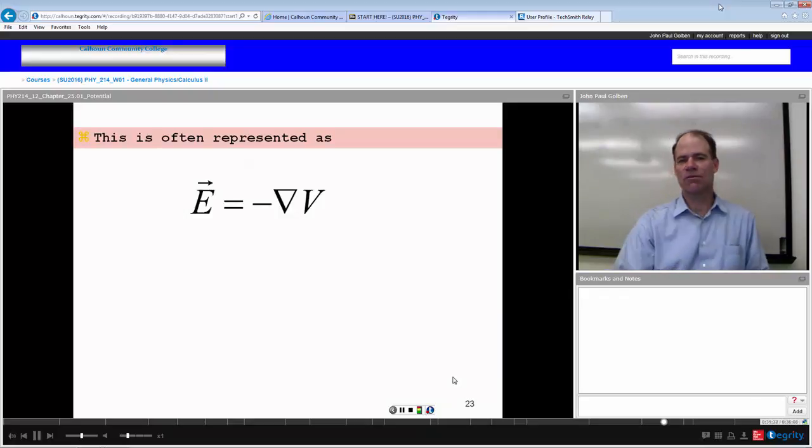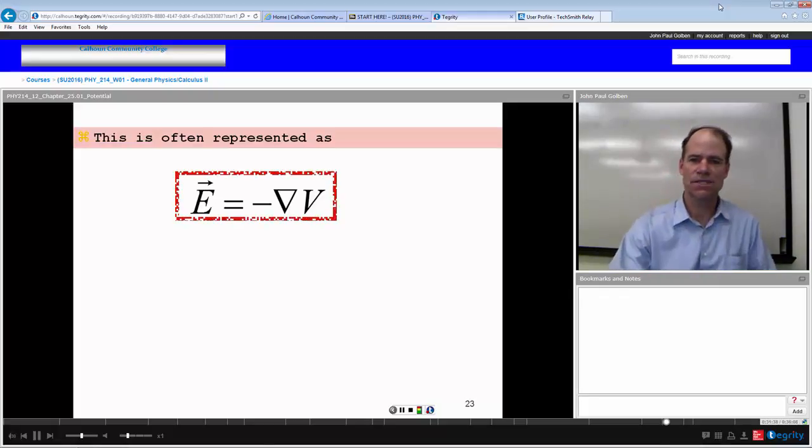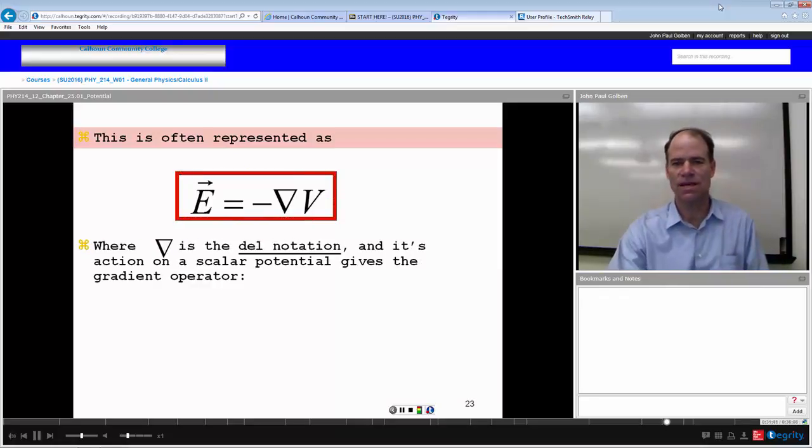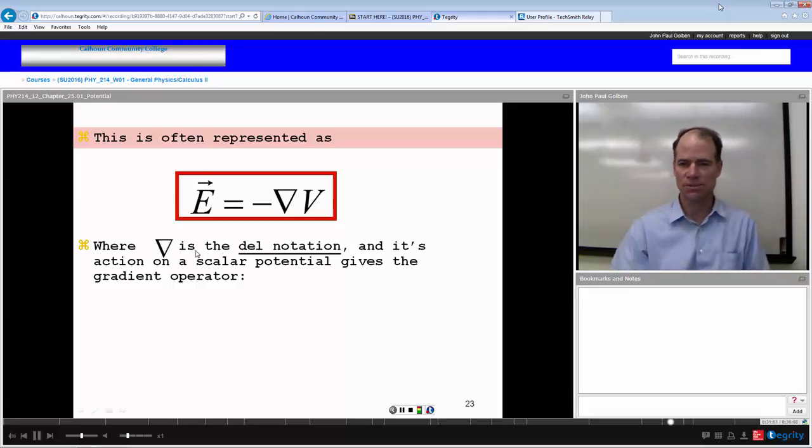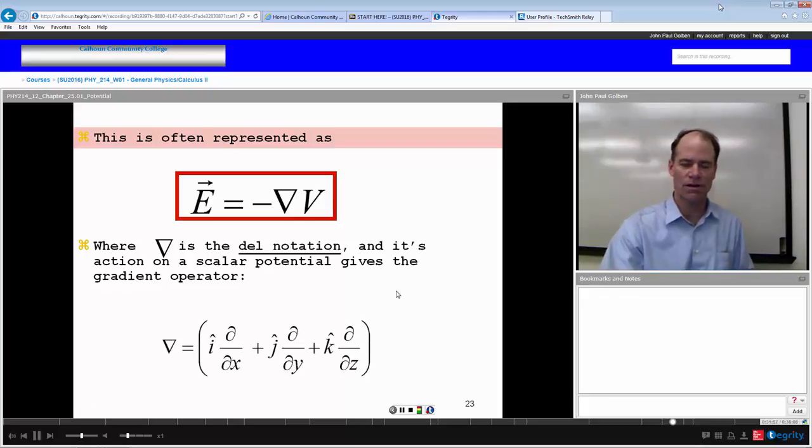This is often represented as the electric field is equal to negative del times V. This upside down triangle is called the del notation, and it's associated with trying to come up with vector results from scalar options, or sometimes vector options. So its action on a scalar potential gives us what is called the gradient operator.